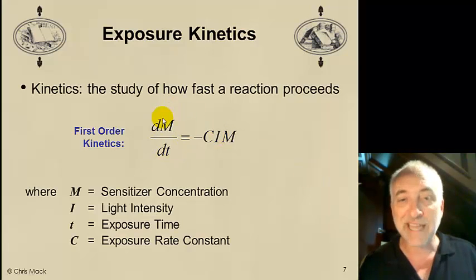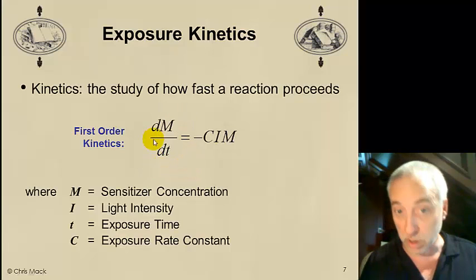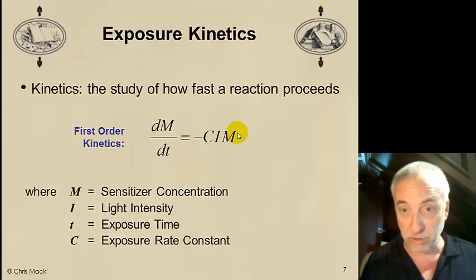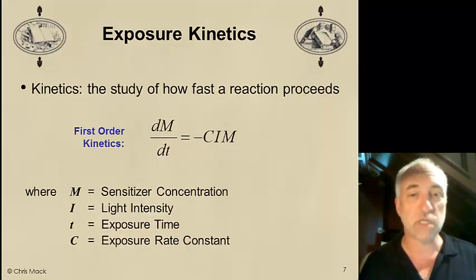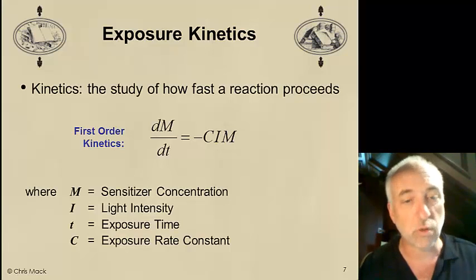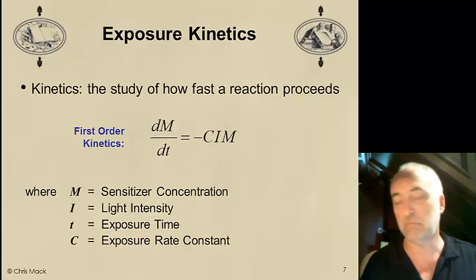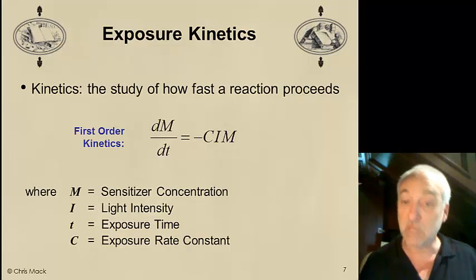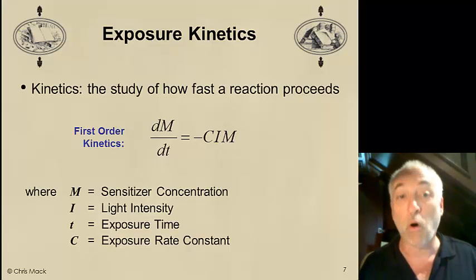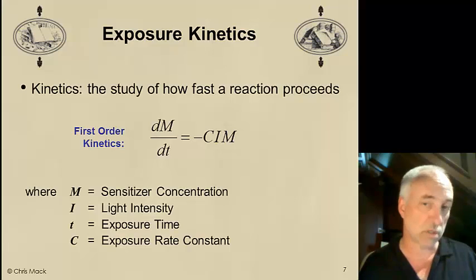And we say that this rate is first order if the rate is proportional to the concentration of the material reacting to the first power. And that's what we have here. For our photoresists, the kinetics are first order. There are some materials that have second order kinetics, but all of the photoresists that we use in conventional lithography today employ first order kinetics.